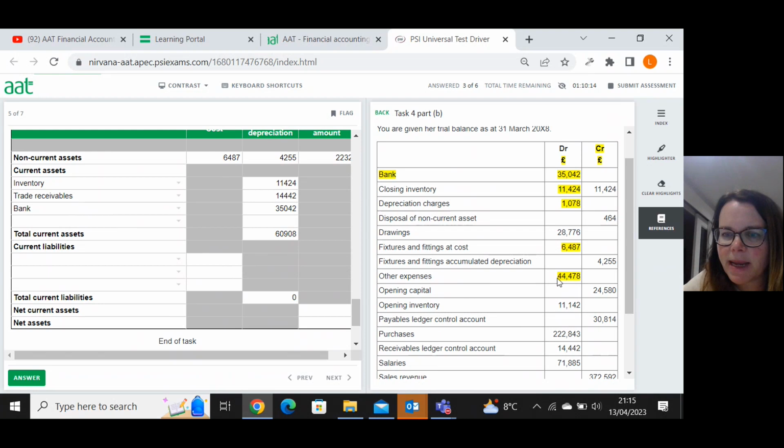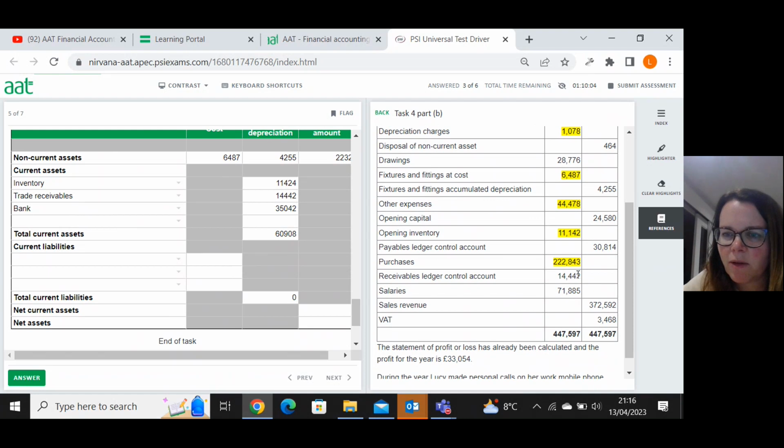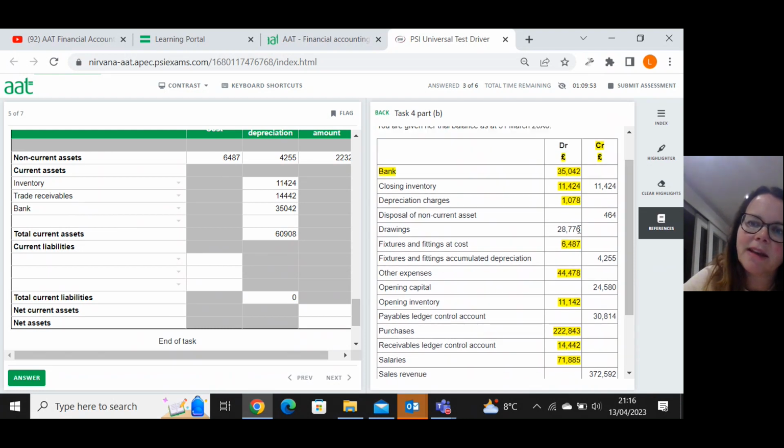So all of these expenses I dealt with when I checked the profit figure, if you remember. So again, I'm making extra work here, but I'm just trying to show you how it all hangs together. So I've put that one into my statement of financial position, and I'd already dealt with that one in my statement of profit or loss. Drawings, of course, appears in the capital section, so I'm happy that there's no missing debits that need to go in here.